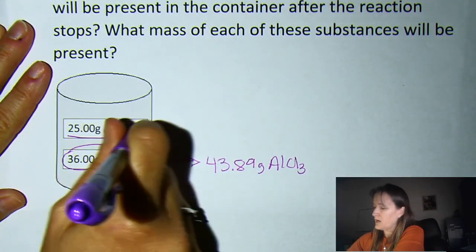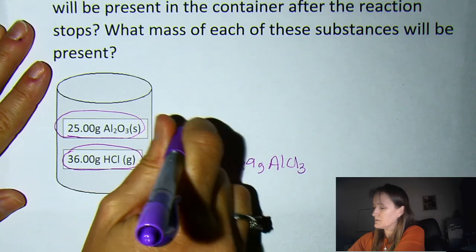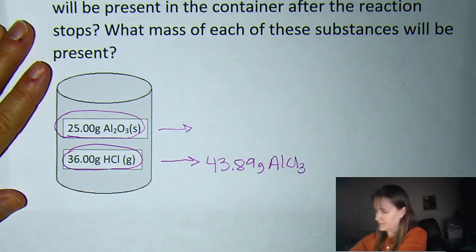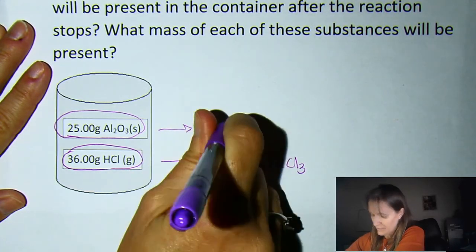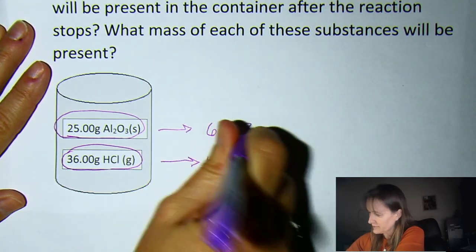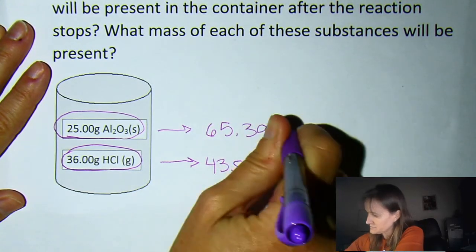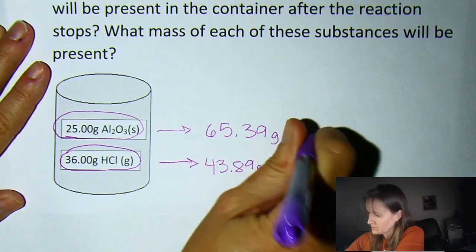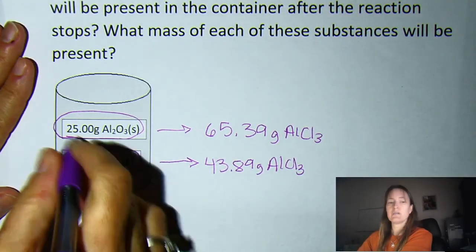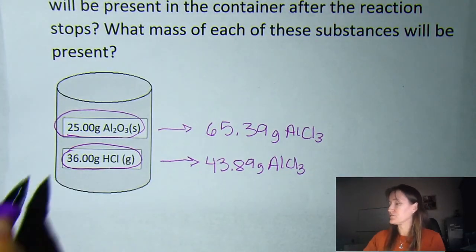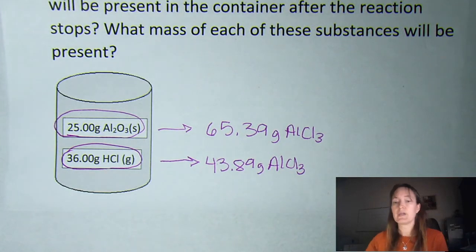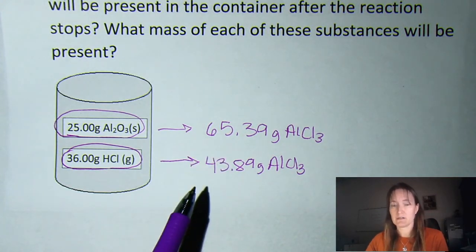If we use all 25 grams of the aluminum oxide, we can make 65.39 grams of aluminum chloride. These two chemicals are reacting with each other to create the aluminum chloride. So we can't make both masses.